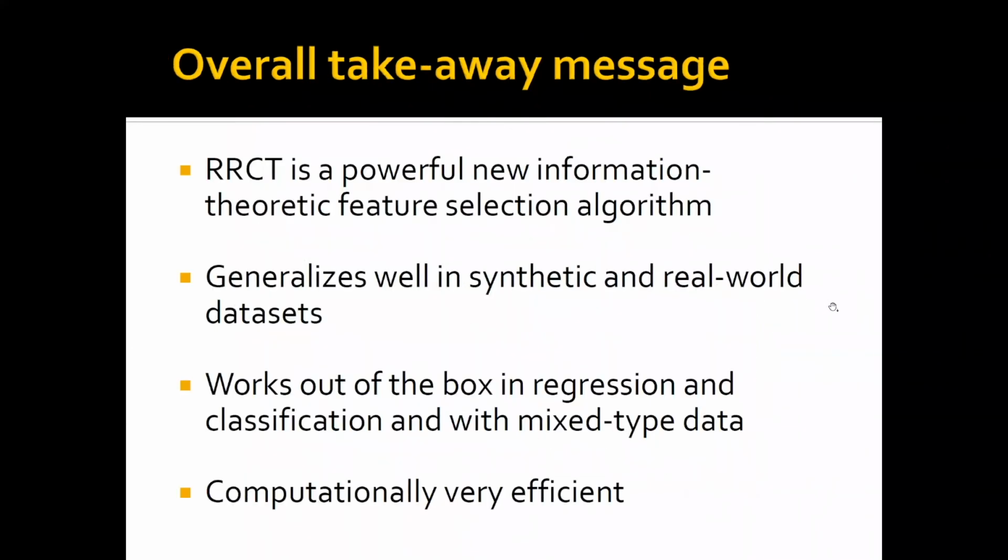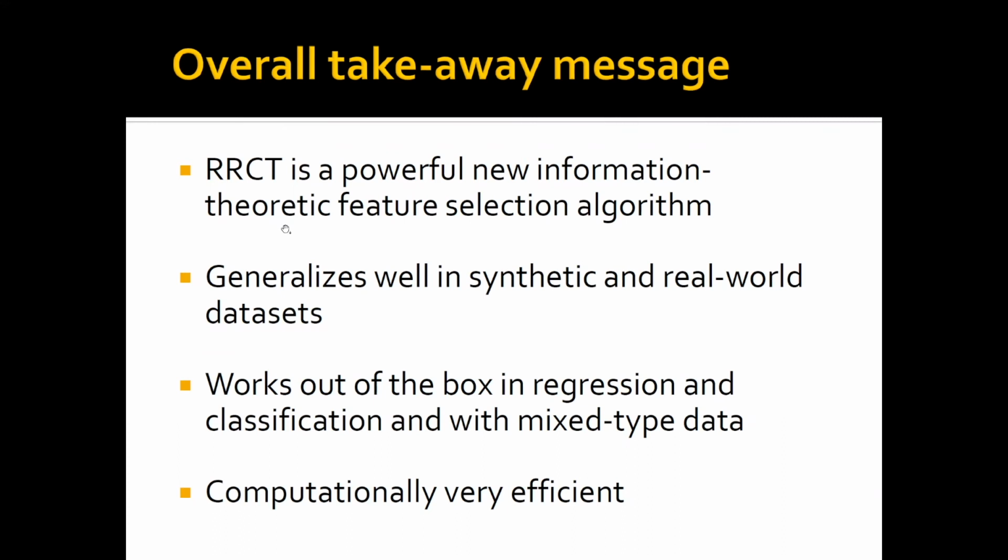So the take-home message is that I've provided an algorithm, and I've tried to go a bit faster because we lost some time with me dropping out. I've introduced an algorithm that we think is quite powerful, really. It has strong theoretical underpinnings, and the good thing is that it generalizes well across different types of problems.